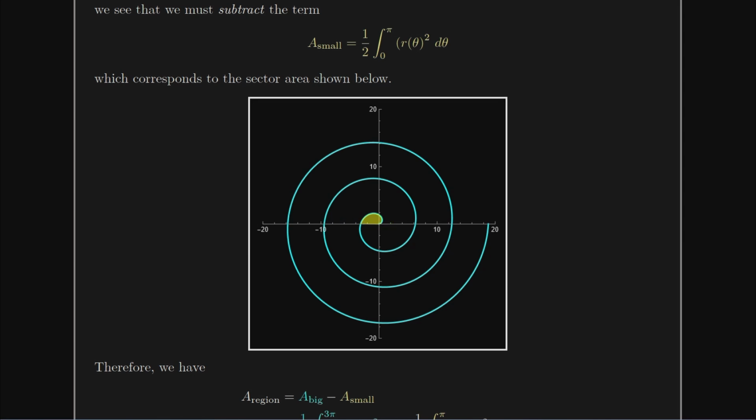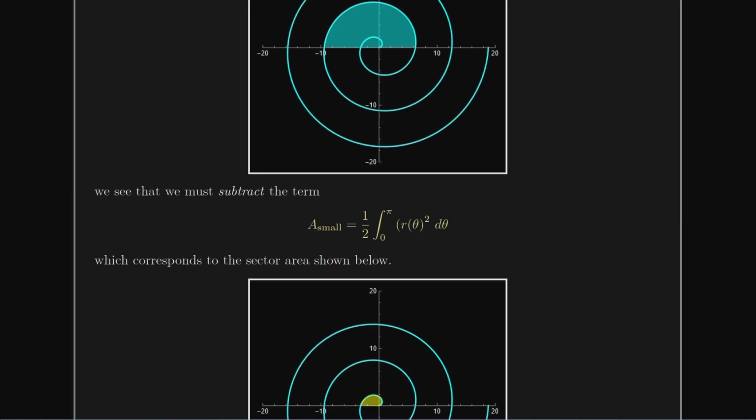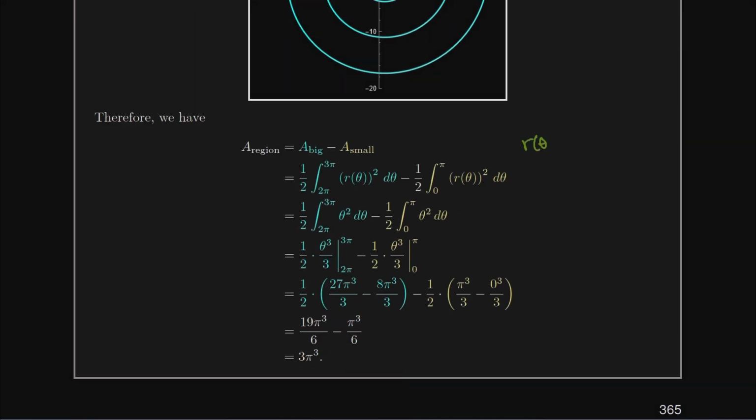And so our total area is going to be the big area, which is from 2 pi to 3 pi, minus the small area, which is the one from 0 to pi. So we're just going to go ahead and compute those areas out using our formula. Let's recall the formula. It's given right here, r of theta squared d theta. And we're just going to plug in our Archimedean spiral formula, which was that r of theta is equal to theta.